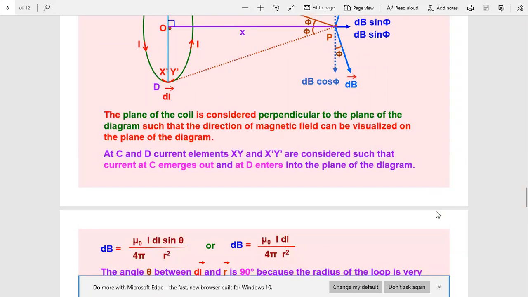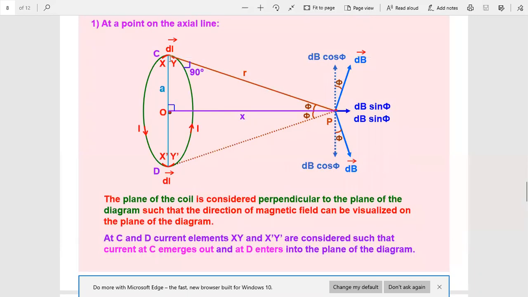So remember, the direction of current at this point and at this point is reversed. The magnetic field due to these two elementary parts of the current at point P will be equal in magnitude but opposite in direction, therefore they will cancel each other. Only components parallel to the x-axis will contribute to the magnetic field.